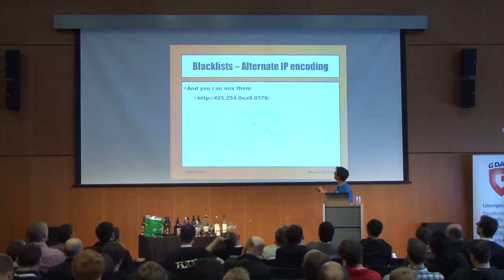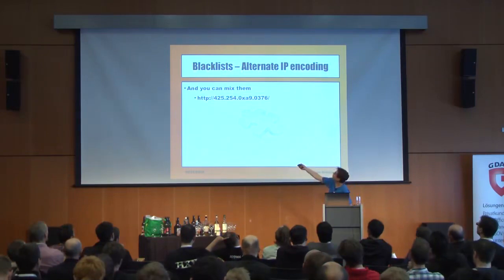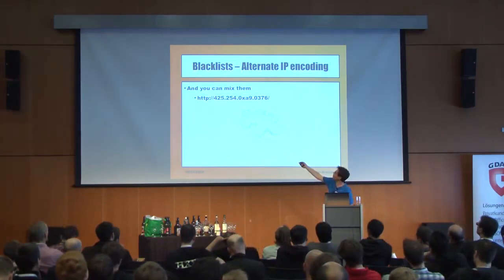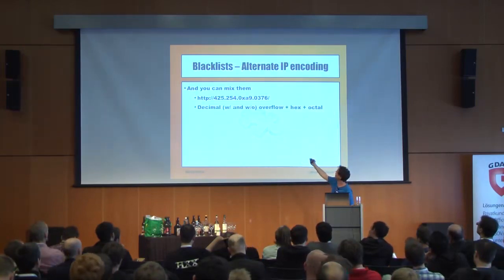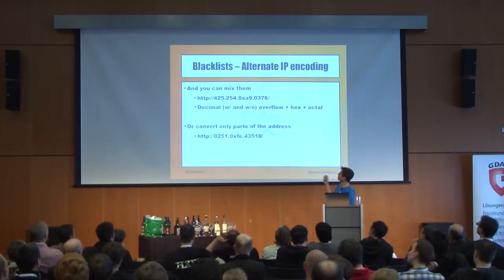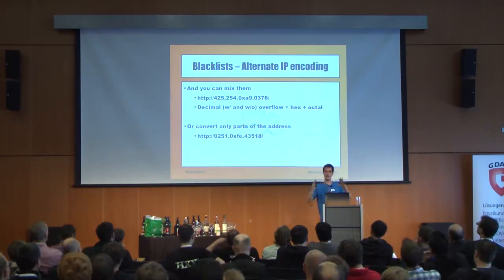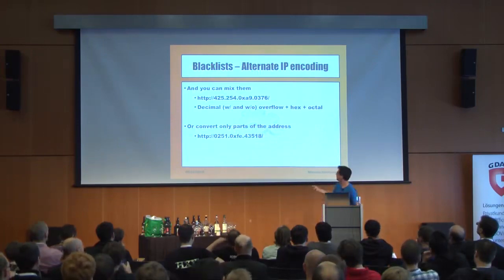So this is, of course, decimal with overflow, and decimal, and hexadecimal, and octal. Or you can convert only part of the address. So the dotless thing can be applied to only part of the address.